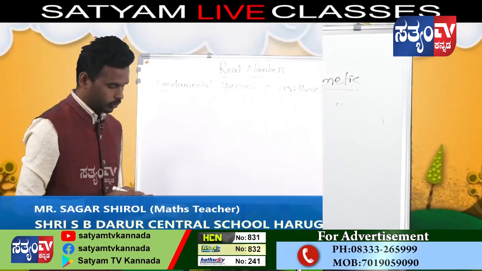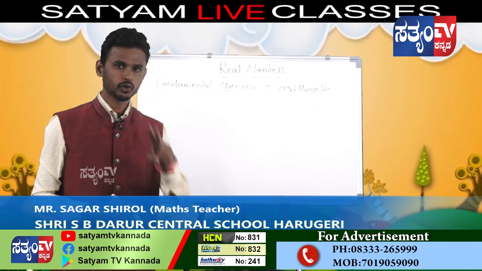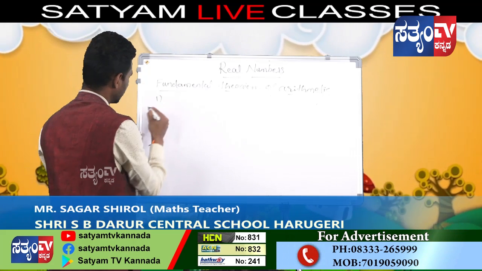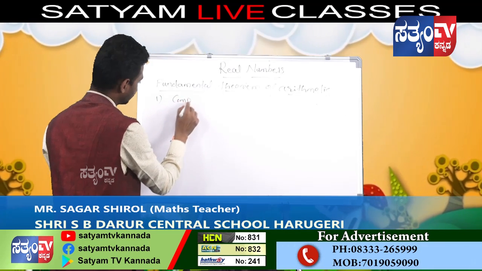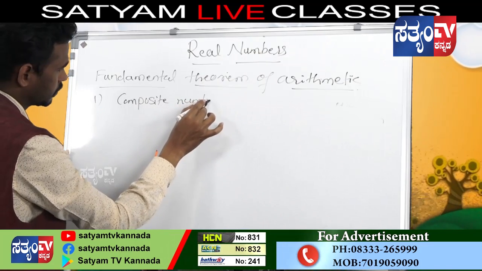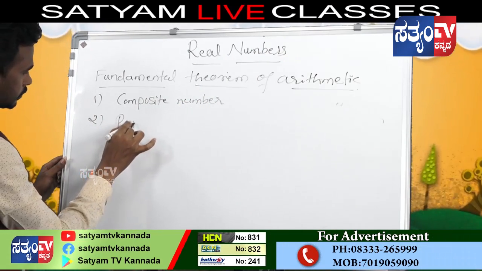Before going to know this fundamental theorem of arithmetic, you need to know two things. One thing is what is a composite number, and second one is what is a prime number.